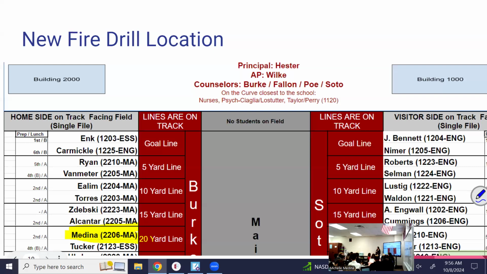All right. Other things. So we do have a new fire drill location. I know you probably will not remember your new fire drill locations for all your classes. I do plan to have them printed and posted around the room, but basically, when and if there's a fire drill, we go to the football field, but not very far. So should there be a fire drill, here's our building.